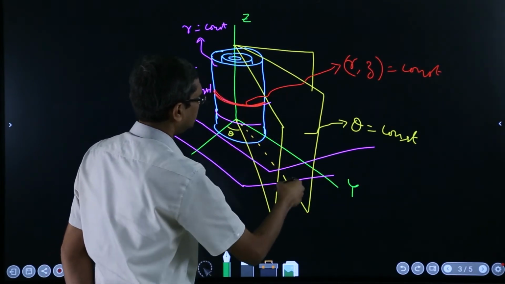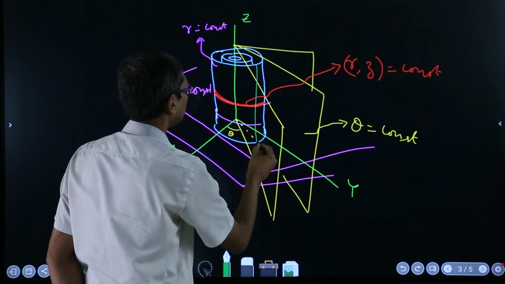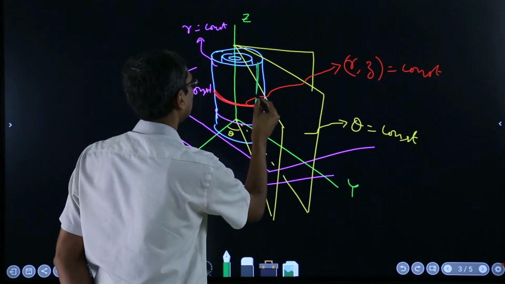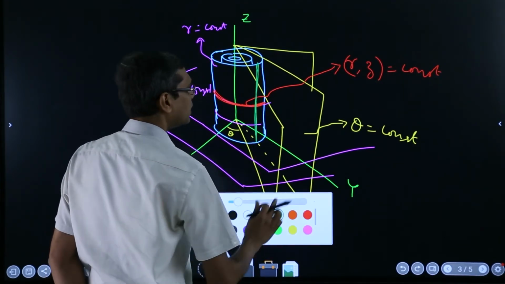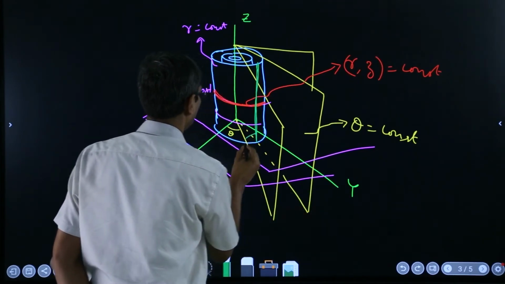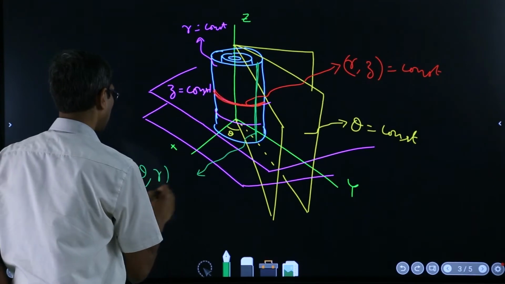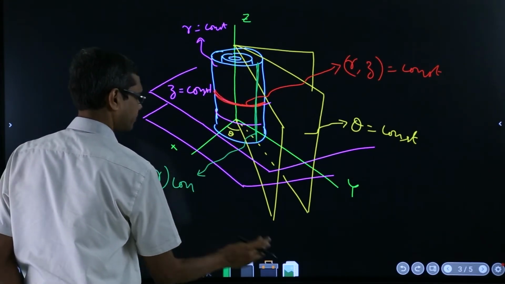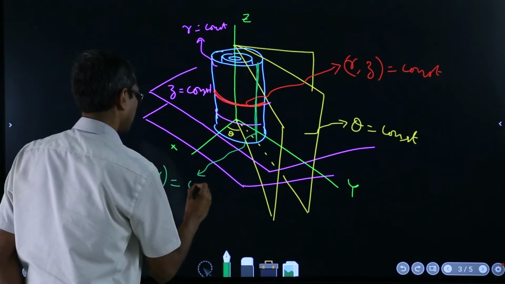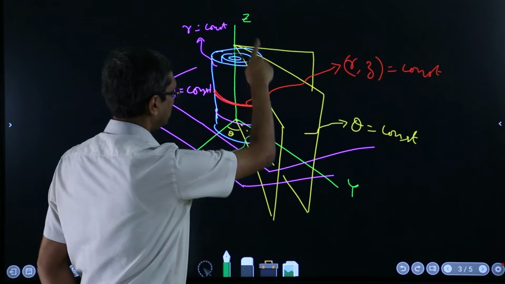Here somewhere if I join, this is a line where both theta and r are constant. So only z is changing on that line.